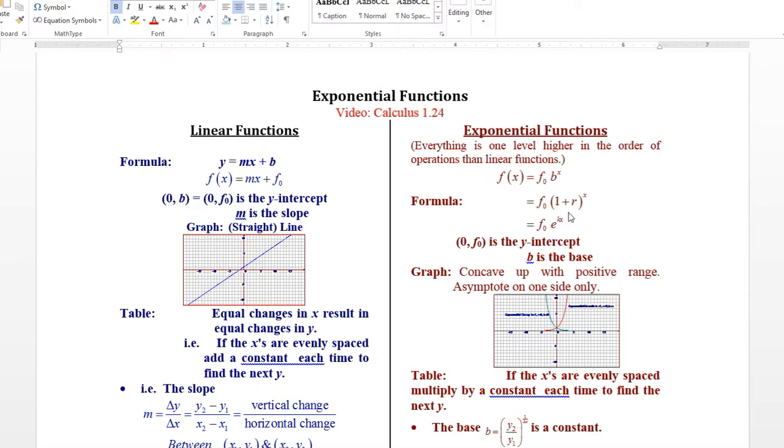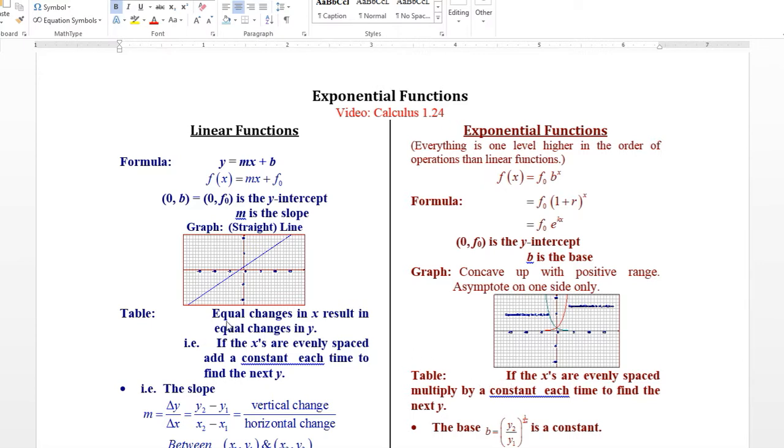Okay, so the r is a periodic percentage rate of change, the k is a continuous rate of change. There's basically two shapes, concave up with a positive range either way. It has an asymptote on the far left or the far right, but not both. And it increases when the base is bigger than 1 and decreases when the base is less than 1. We'll look at that a little bit more in a minute.